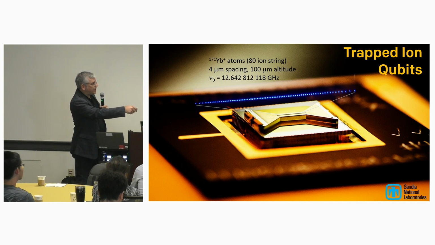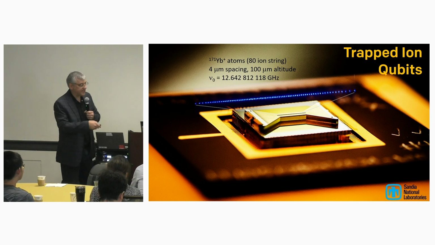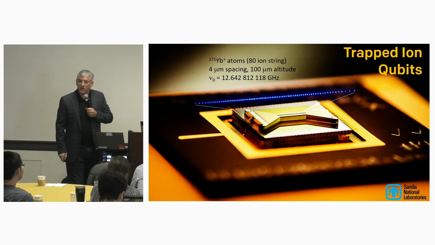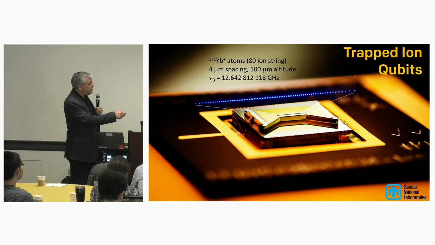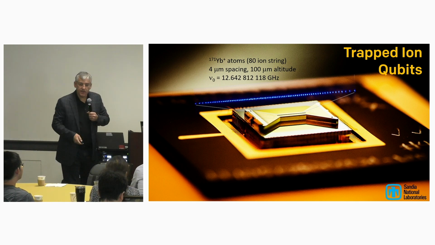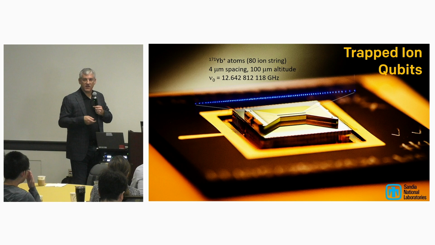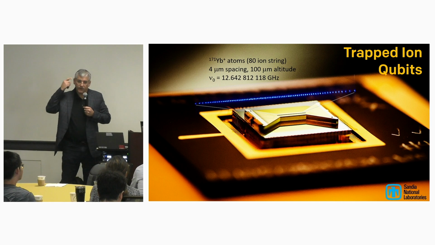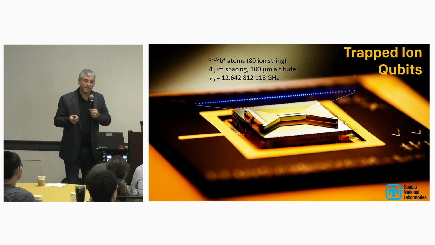But floating above this chip, under the control of all these potentials on these electrodes, in this case are exactly 80 ytterbium-171 ions. They're all the same isotope of the same element. They're glowing blue because, well, it's actually UV, and the TV puts a false color image of blue, but this is fluorescence from these atoms glowing under the influence of a resonant laser beam.